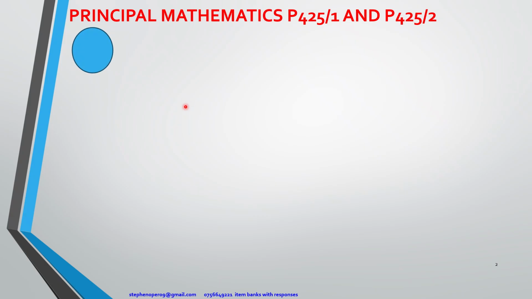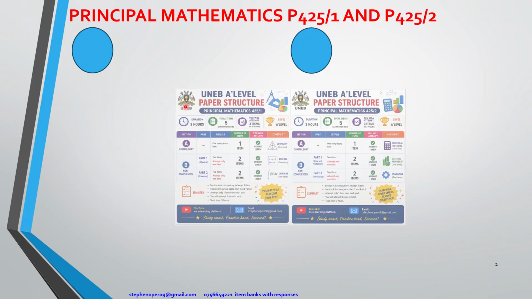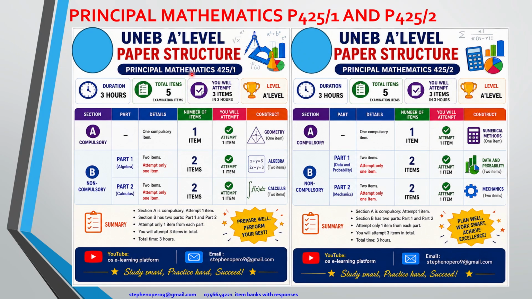So the paper structure will have two papers, that is mathematics 425/1 and mathematics 425/2. So paper 1, we have two sections, that is section A and section B, whereby section A is compulsory, having one compulsory item to be attempted, and that compulsory item comes from geometry.